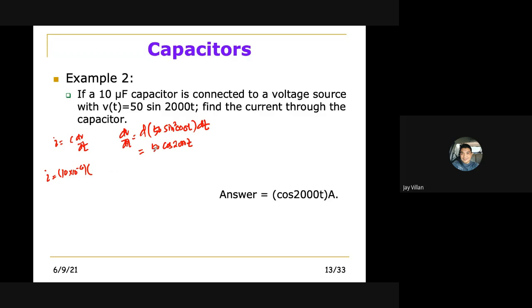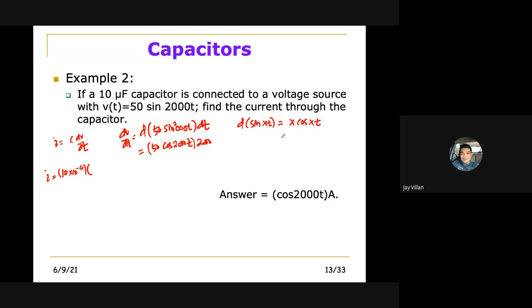Times 2000 pa to, di ba? I'm sorry. Times 2000. Okay, the derivative of sine x t is equals to x cosine of x t.